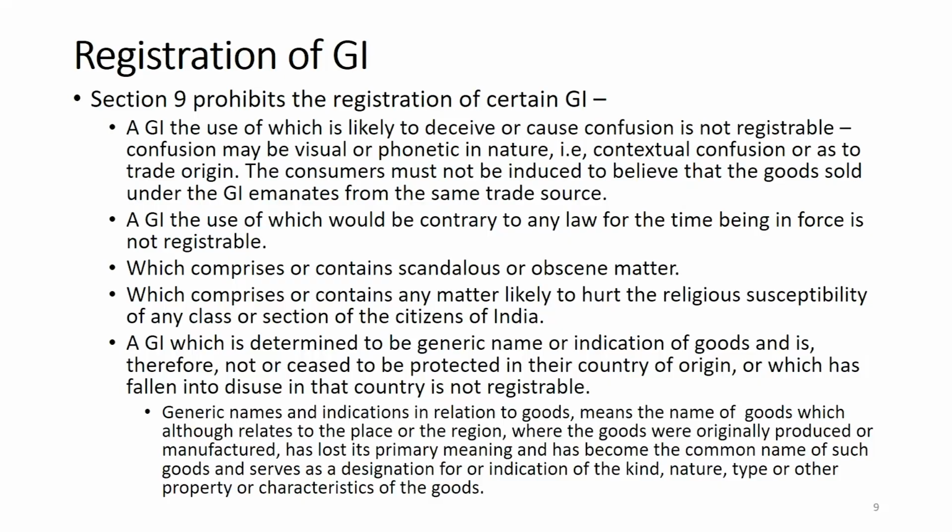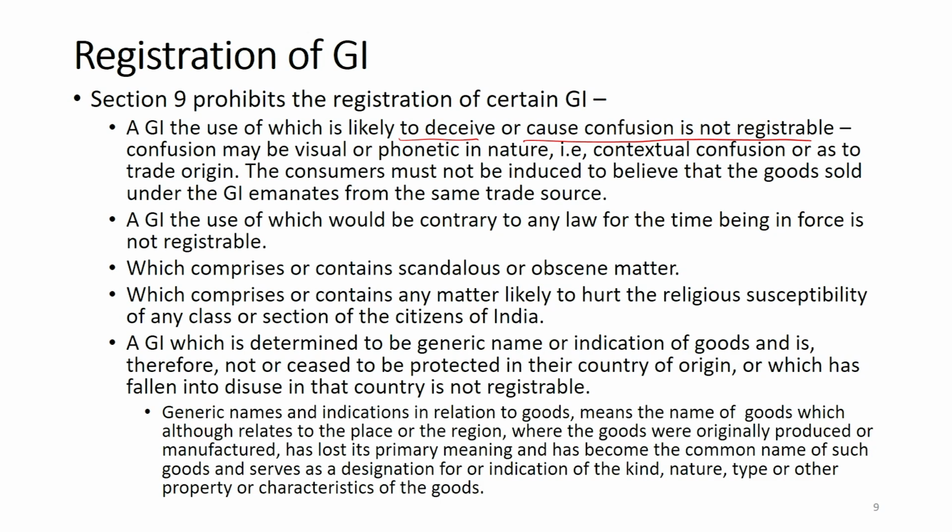Similarly, section 9 provides me grounds for refusing registration of certain GI. Let us see what are these grounds. A geographical indication, the use of which is likely to deceive or cause confusion, is not registrable.